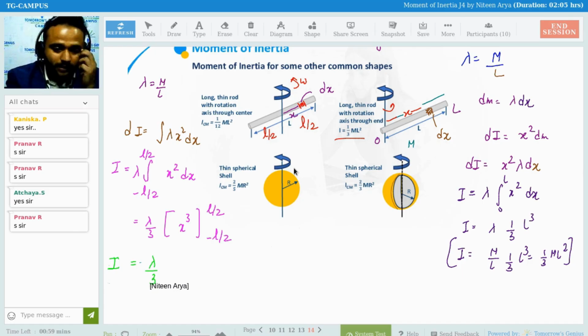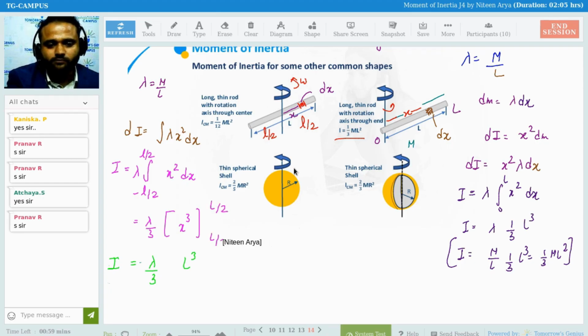Lambda by 3, and that is going to be simply L by 2 to negative L by 2. So that is very easy then.